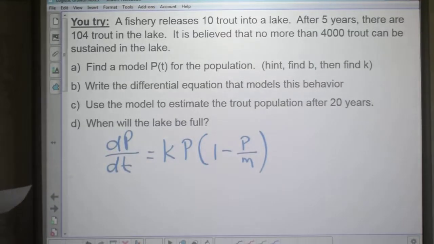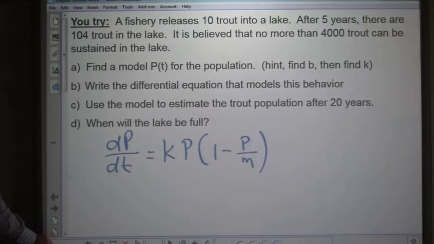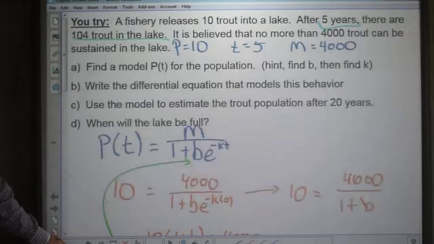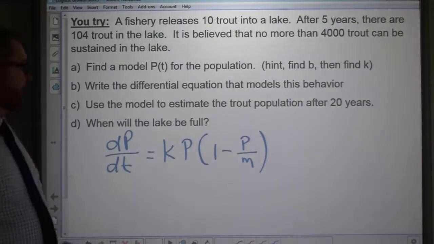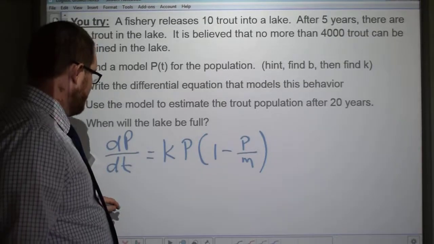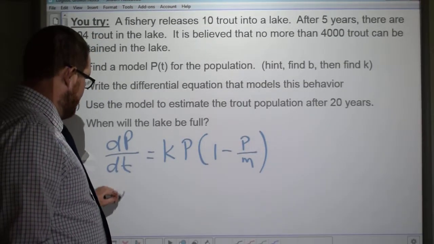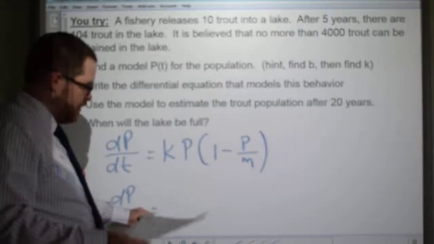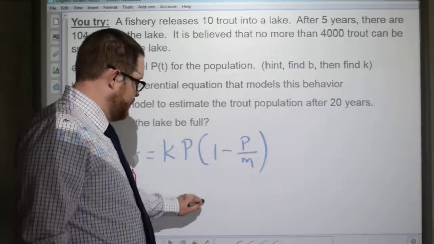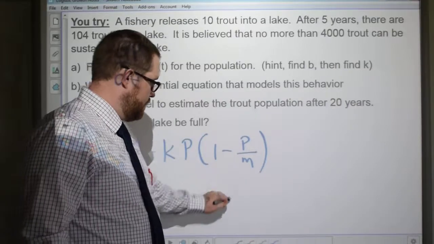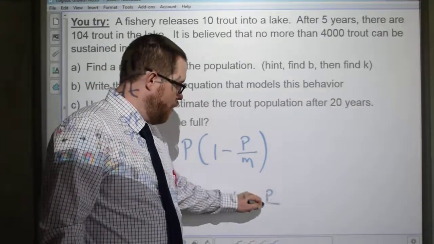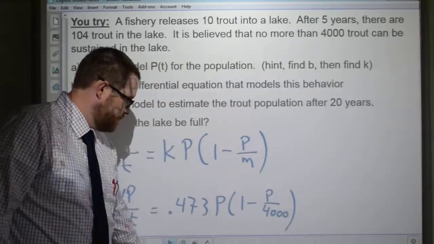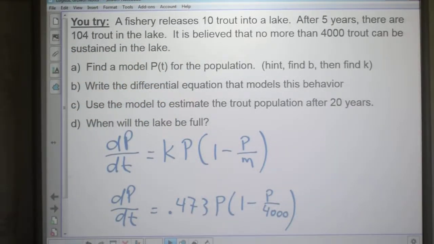I believe that's what it was earlier. Yep, 1 minus P over M. Just fill in what you have. Remember that the P is going to stay there because that's our variable. So dP over dt equals, the K we found earlier was 0.473, P(1 minus P over 4,000). So that's the answer to B.